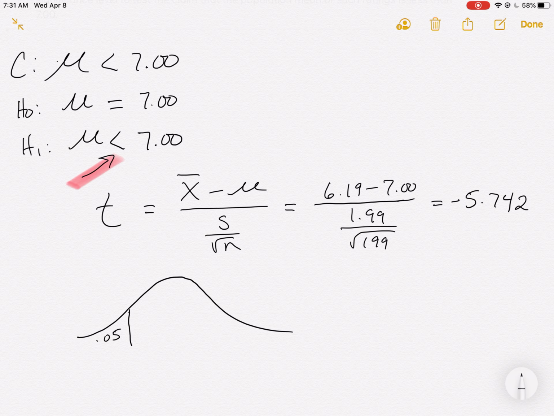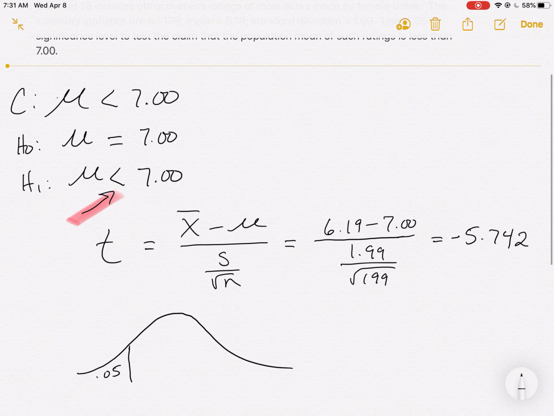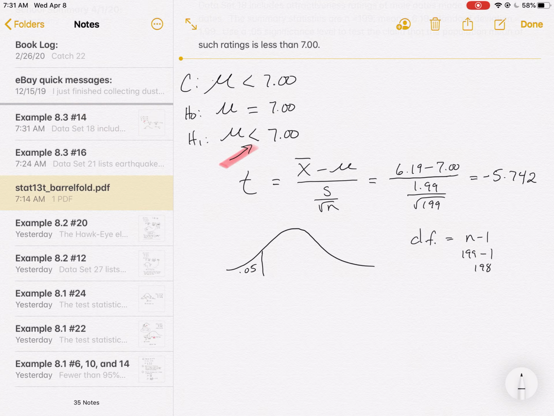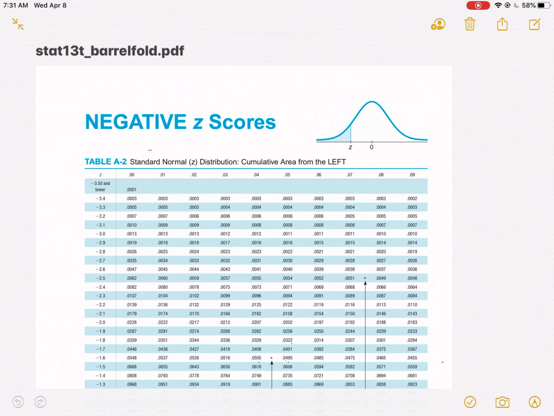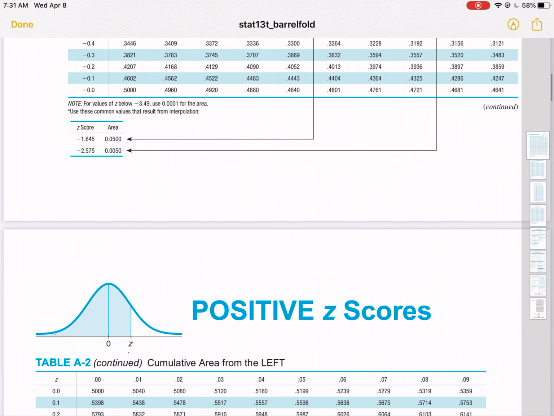We have a 0.05 in one tail, and our degree of freedom is still n minus 1. And if you remember, we had 199 data points minus 1. We're looking for 198 degrees of freedom. So let's go to that t-chart together. So if I come over here, go to my t-chart, bring these charts up and scroll on down.